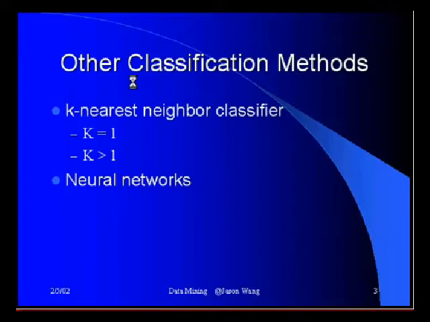Now, in this classifier, we require that we have a distance function so that we can use that function to measure the distance between any pair of objects. So for the new object, what we do is we calculate the distance between that new object and every object in the system.